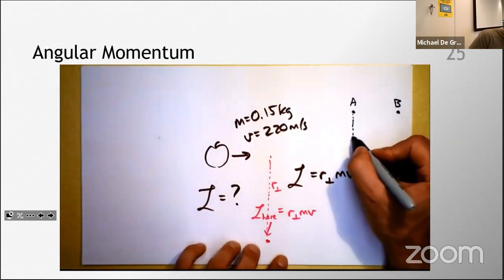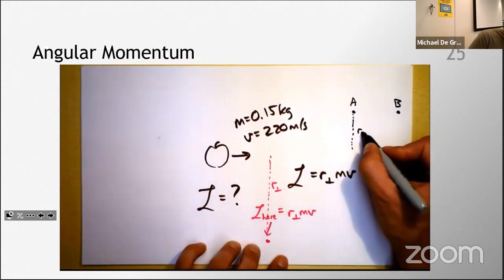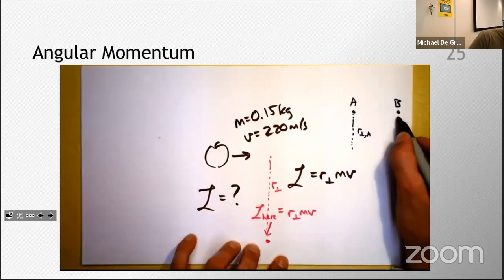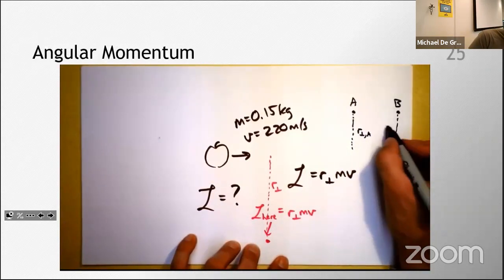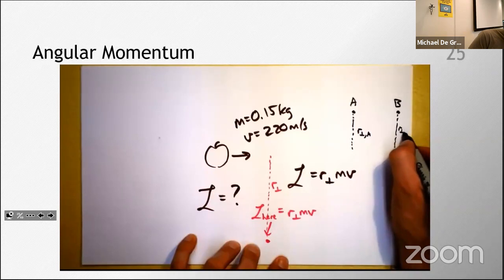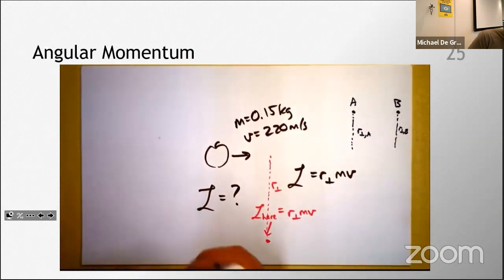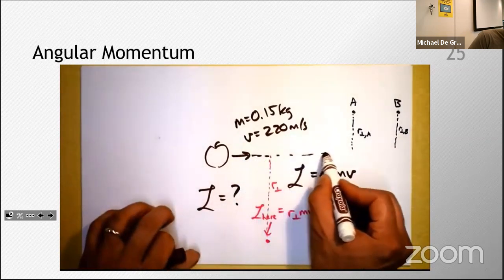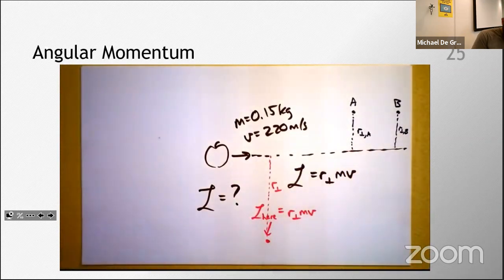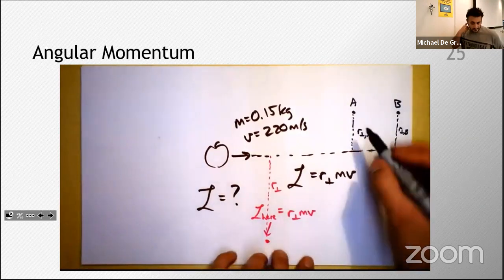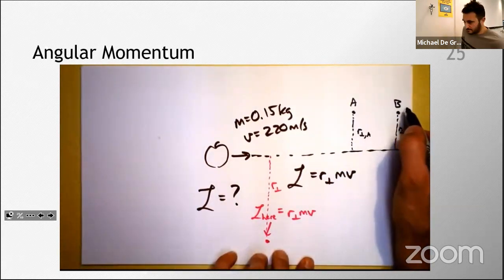This is the relevant distance, r perp A, and this is the relevant distance, r perp B. Notice, because we're talking about the normal distance away from the path the apple is going like this, we are only concerned about the normal distance, so points A and B are the same.